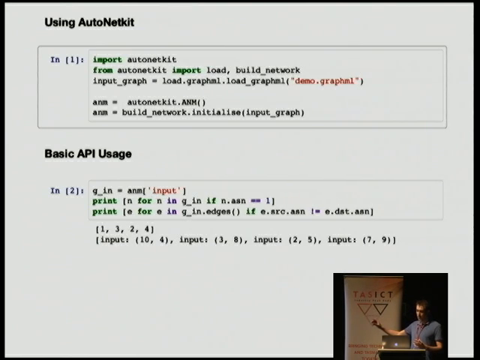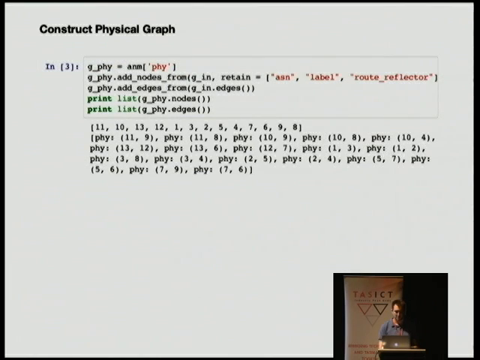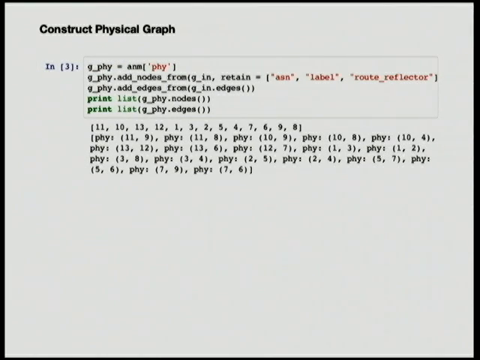The thing though is that once we start dealing with lots of sequences of nodes and edges, it becomes quite difficult to see the context. So for instance, with the physical graph here, if we're taking that topology I drew before and creating a new graph, the physical graph, and adding the nodes and edges from before, if we then print out a list, the Python list comprehensions are quite nice, but even for a fairly small graph like I drew before, it starts to get really hard to see: is this actually what I intended?